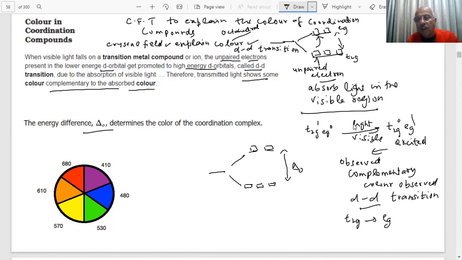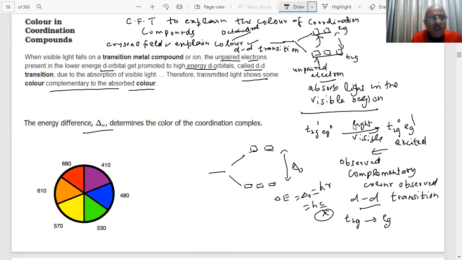This energy, delta E or delta O, is related to h nu, hc by lambda. So the different wavelength or different frequency of light will be absorbed. Therefore, color will change. If I change the ligand, the color will change, student. Right?